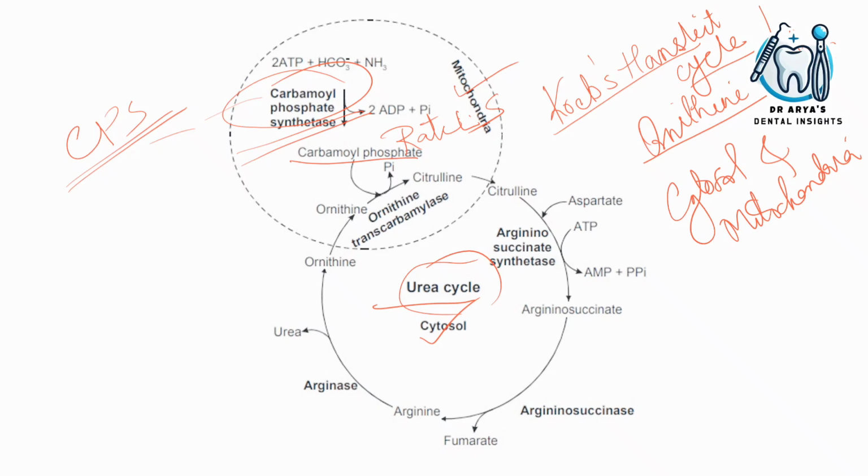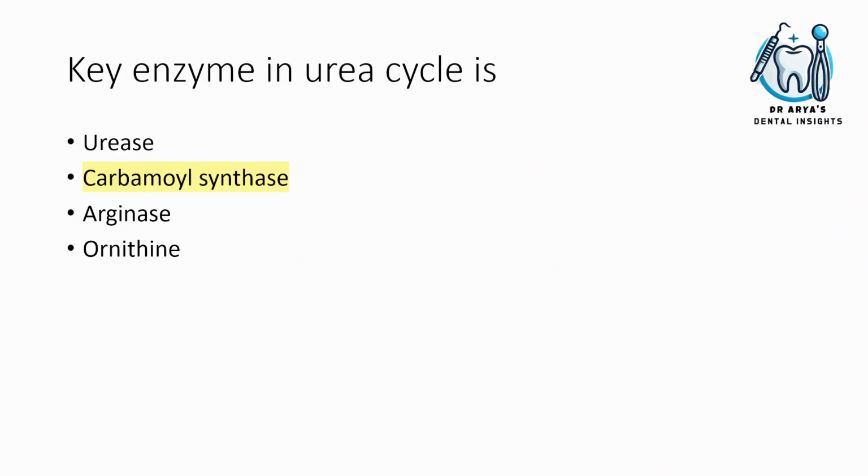So the steps till conversion of ornithine to citrulline occur in the mitochondria, and the rest of the steps occur in cytoplasm. So this is the Krebs-Hansleit cycle or urea cycle. The key enzyme is carbamoyl phosphate synthetase.